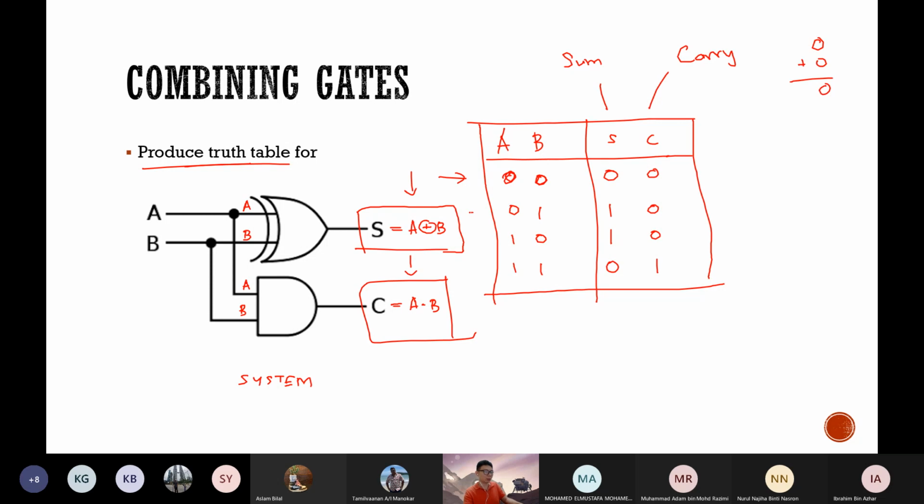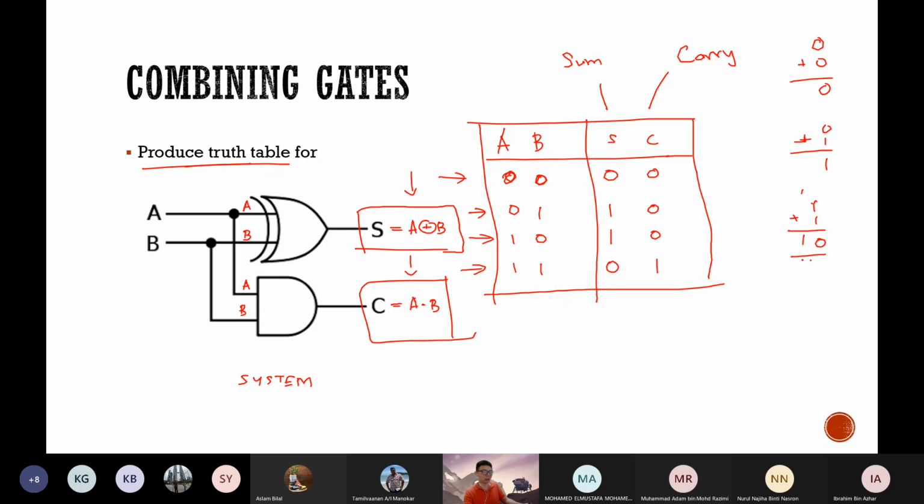Okay, so 0 plus 1. It's supposed to produce a sum of 1, but there's no carry, which is what we see over here: sum is 1, no carry. So 1, 0, same thing: the sum needs to be 1 and the carry is 0. And 1, 1: as we've seen in our last class, 1 plus 1, you get 0 as the answer, but then you have a carry.